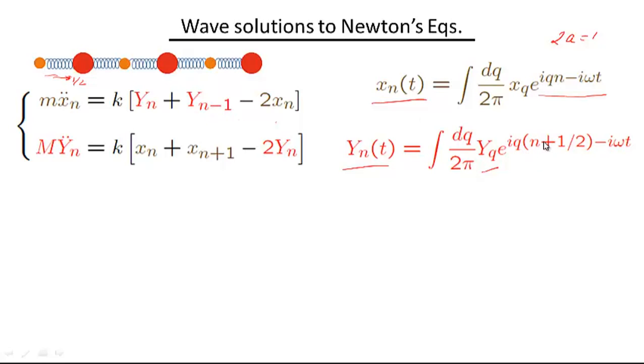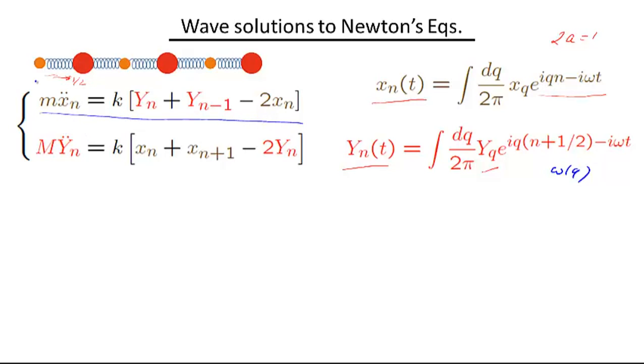But the self-consistency will include in a very essential way a relation between omega and q, between the frequency of the wave and the wave vector. So this is going to be the dispersion of the waves, the possible dispersion of the waves. And basically to solve the problem in this context means to find this dispersion, basically to find omega as a function of q.